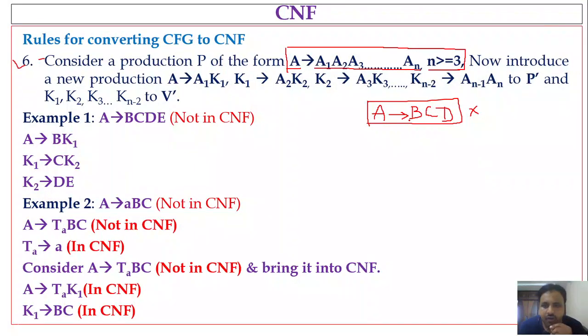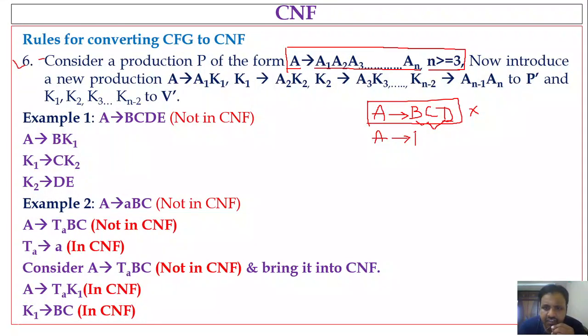So what we have to do is convert it into CNF by adding one variable, right? So how do we add? First, you write that head as it is: A denotes. At most two variables are allowed, but here we have three variables. So first of all, write the first variable as it is.